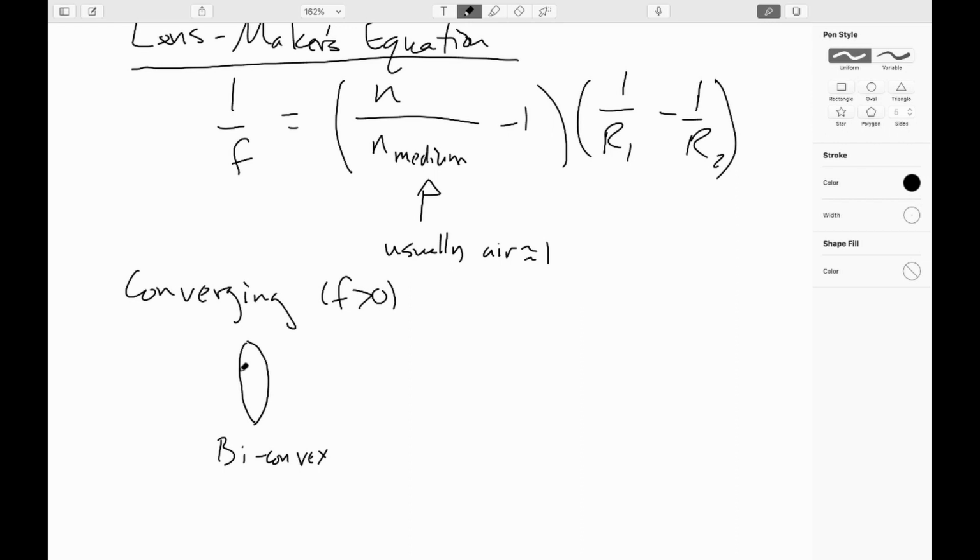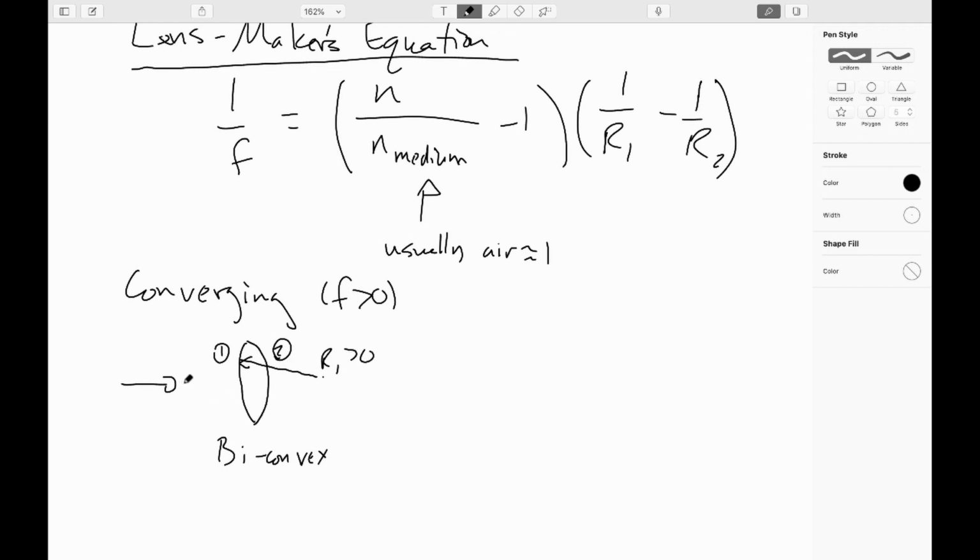Here, as the light's coming in, it strikes this surface here first, so this is surface number 1. Then it'll hit this surface here. Now surface number 1, this point here, the light coming in from here will hit the surface before it gets to its center of curvature. Therefore, this R1 is a positive number.